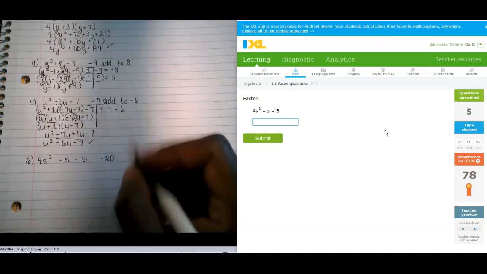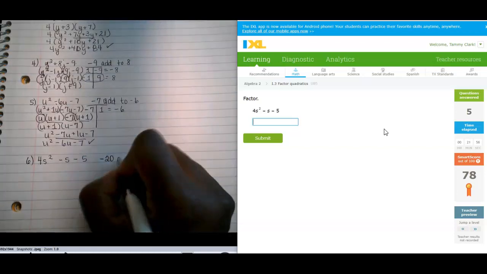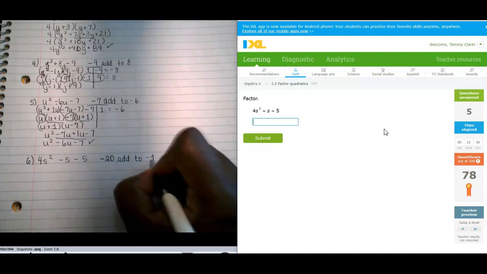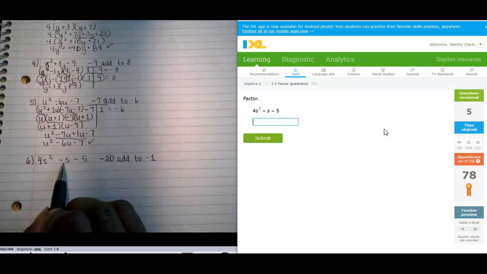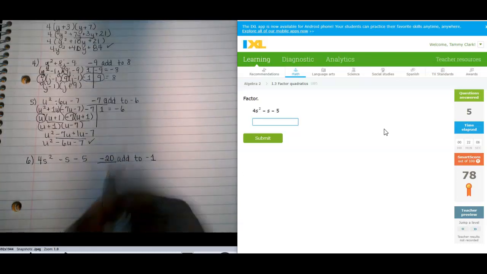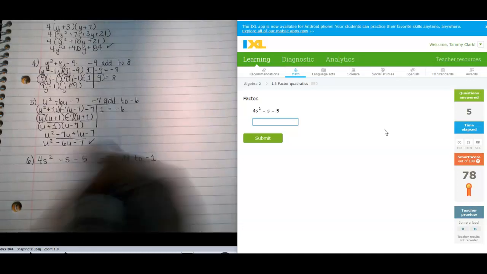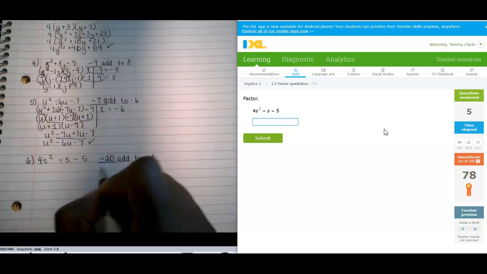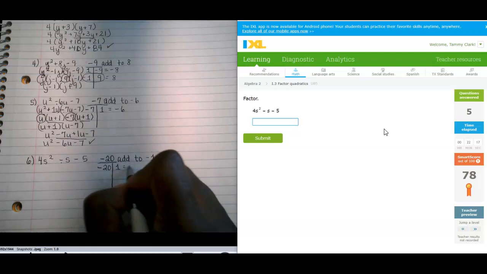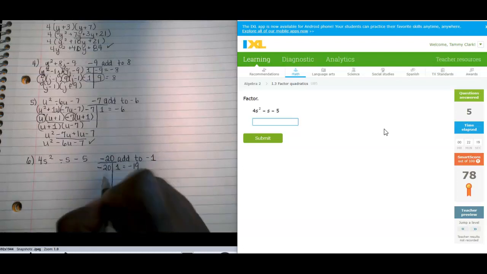We're looking for the factors of negative 20 that add to negative 1, because there's a negative 1 imaginary in front of this number. So we know that if this is negative, our largest factor has to be negative. So negative 20 plus 1 gives us negative 19. That won't work.